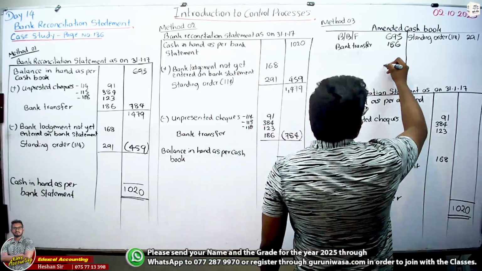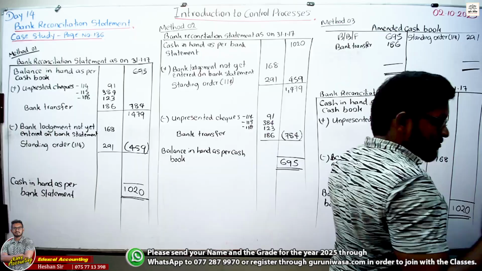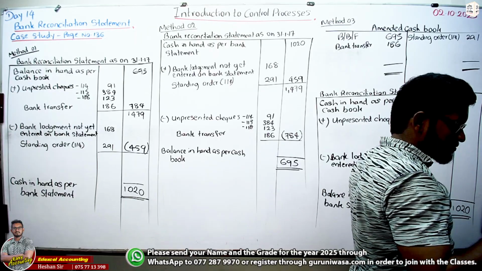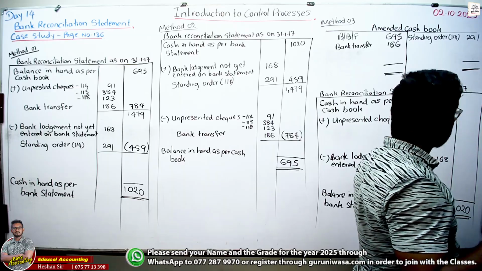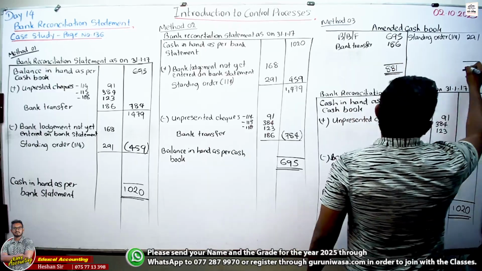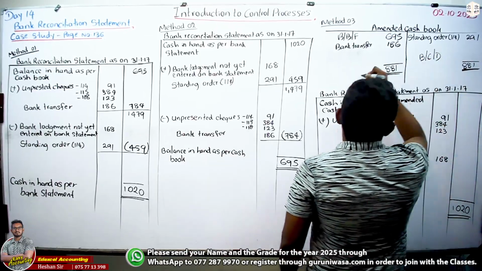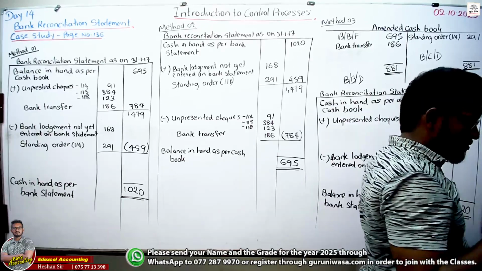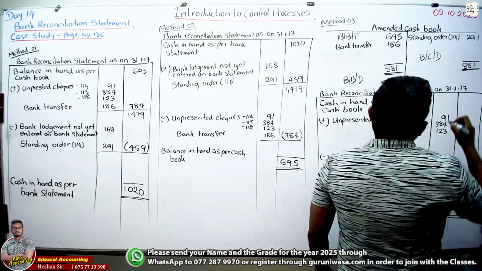In here, 695 plus 186 then it's 881, 880, minus 291, which means 590.